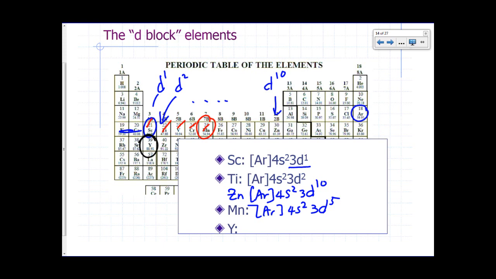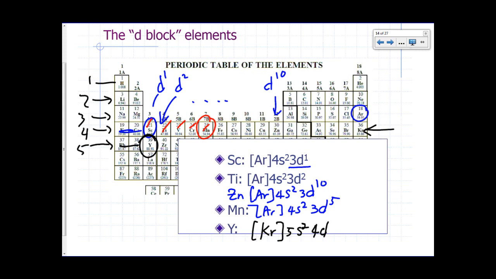That comes after krypton, so it's going to have a krypton core, and then you're in the 5th row, the 5th period, so 5s2. After 5s comes 4d. Remember, this is 3d, and the next row is going to be 4d. So 4d1. And then zirconium after that is going to have 4d2, and so on.